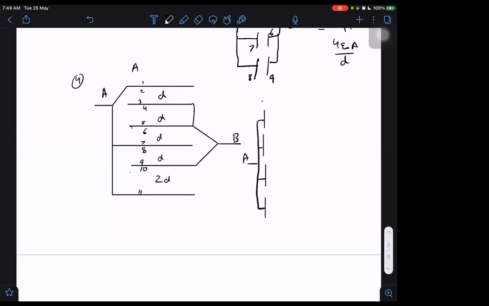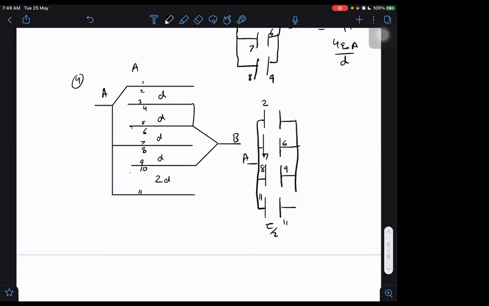Let us start numbering from above. Number 2, number after 2, which was the number? 7, 8, 11. What is in front of 2? 3. And in front of 7? 6. And in front of 8? 9. And in front of 11? 10. This capacitance is C by 2.